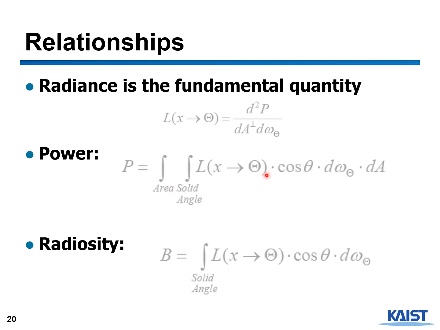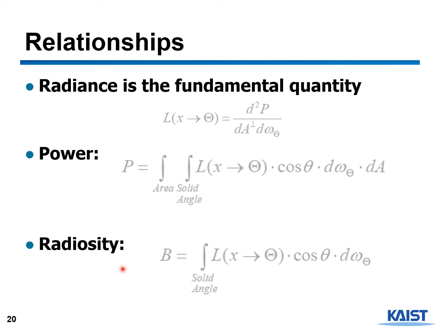Since the surface may not be orthogonal to the direction theta, we also have this cosine theta term, which converts the radiance value measured on the orthogonal area to the oblique surface.